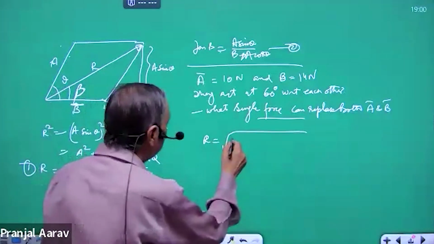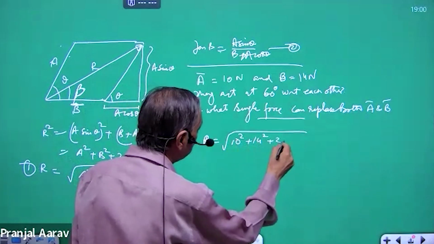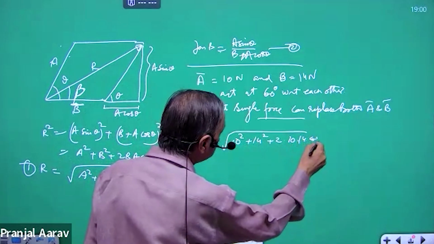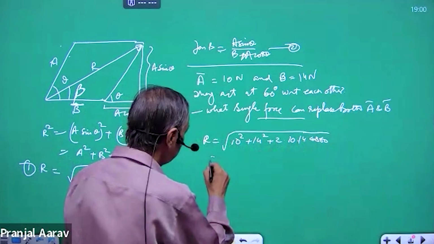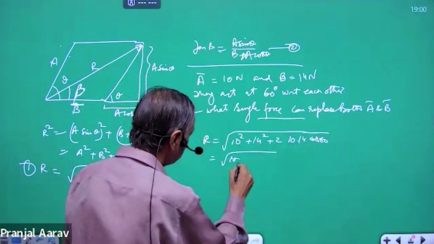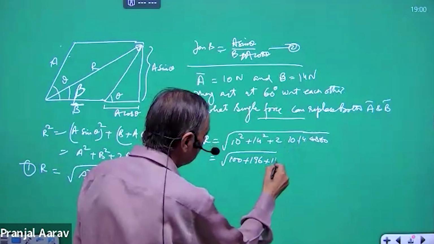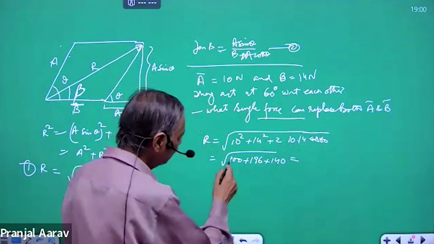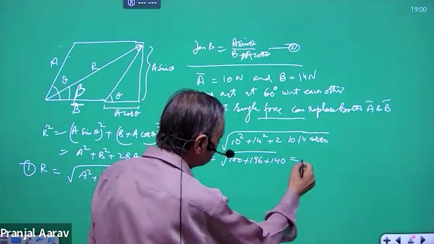That means R is 10 square plus 14 square plus 2 into 10 into 14 into cos 60. Cos 60 is 1 by 2, so it gets cancelled. That is 100 plus 196 plus 140. So that is 296, 396, 436.